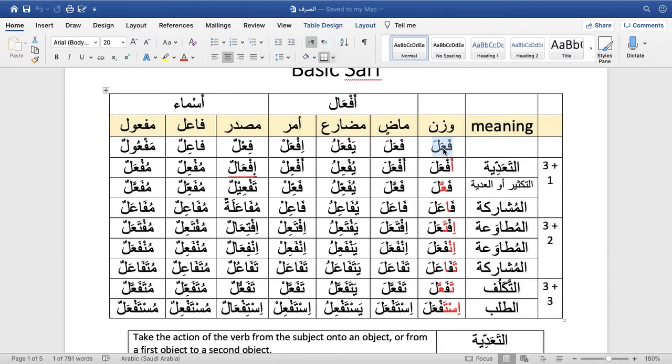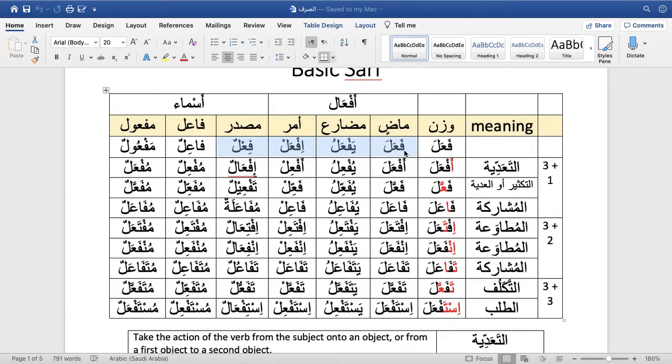In this table you will see fa'ala, starting here, madi, fa'ala, yaf'ulu, uf'ul, fa'lun for the masdar. Now, for the thulathi mujarrad, this is not an absolute rule. You will find a number of verbs, af'al, that will follow this pattern right here, but some won't.